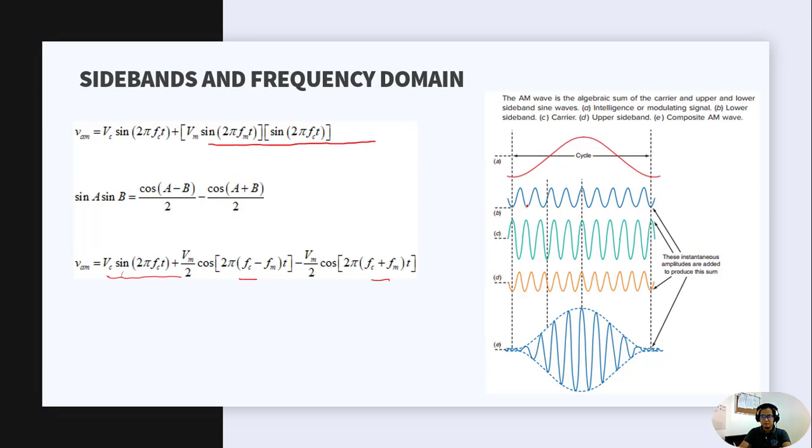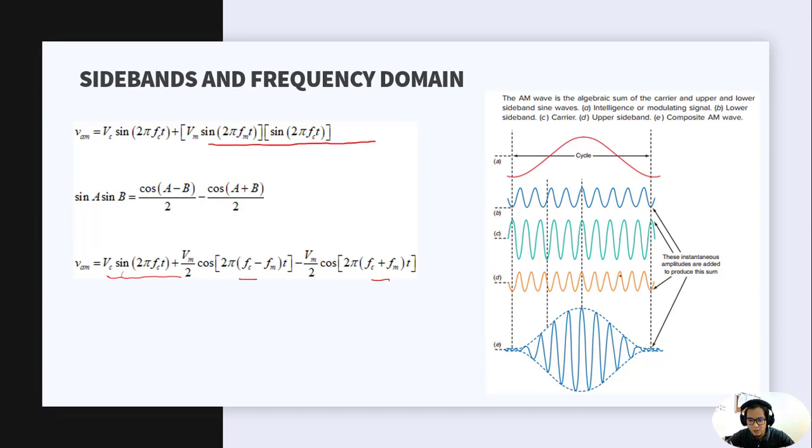And you can see here, B, C, and D. Ito po yung tatlong yon. B is the lower sideband. You will see here that if you're going to look closely, the frequency of this is lower compared sa carrier and sa upper frequency. C is the carrier and D is the upper sideband.